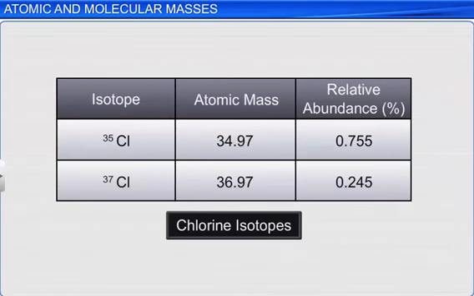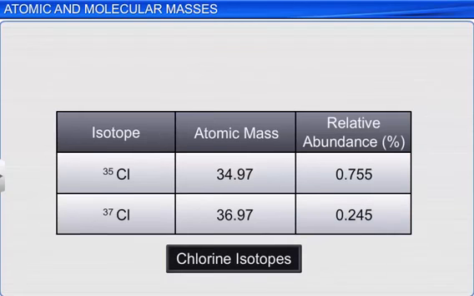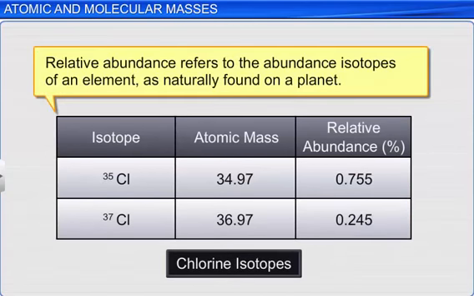For example, chlorine has 2 isotopes with average atomic masses of 34.97 and 36.97 units respectively. The relative abundance of the isotopes is 0.755 and 0.245 respectively. Relative abundance refers to the abundance of isotopes of an element, as naturally found on a planet.